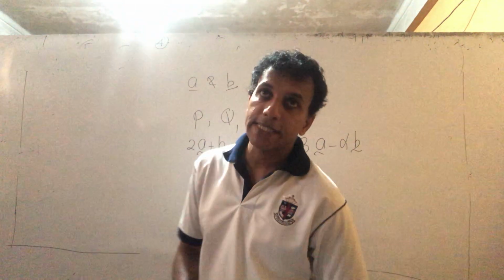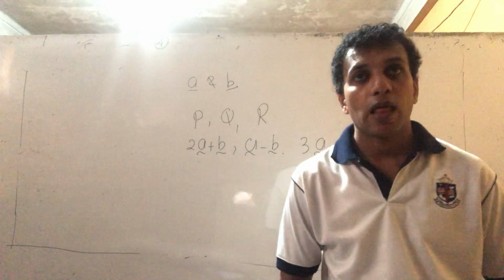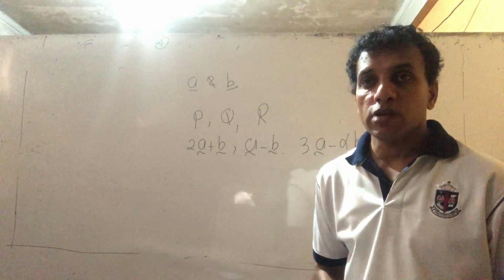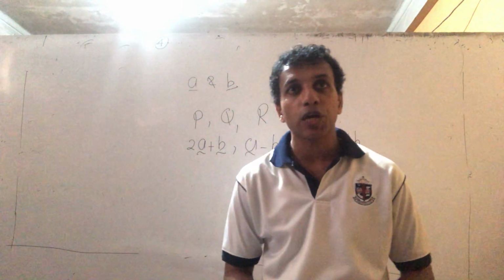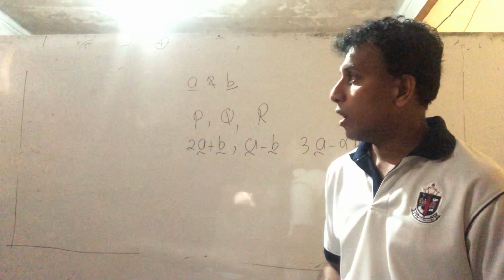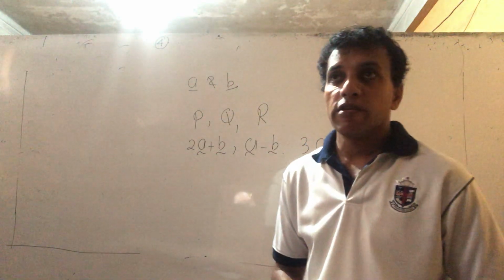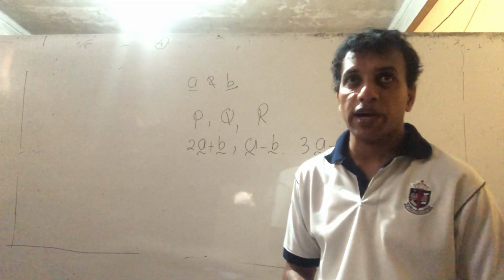If the points P, Q and R are collinear, find the value of alpha.